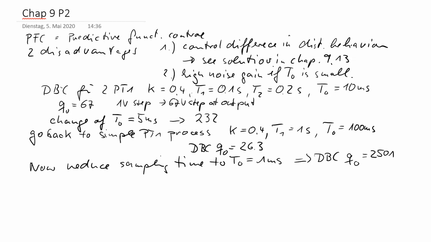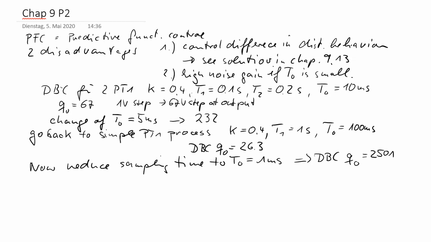We have a noise gain of 2500, and 1 millivolt noise gets a 2.5 volt noise on your actuator output. That is absolutely not acceptable. Forget it. A deadbeat controller with small sampling times is not usable.